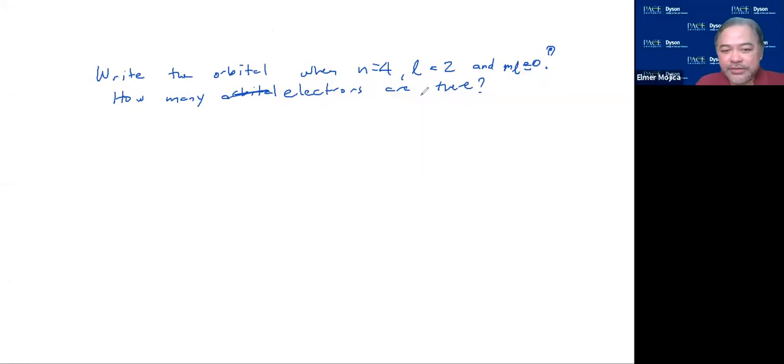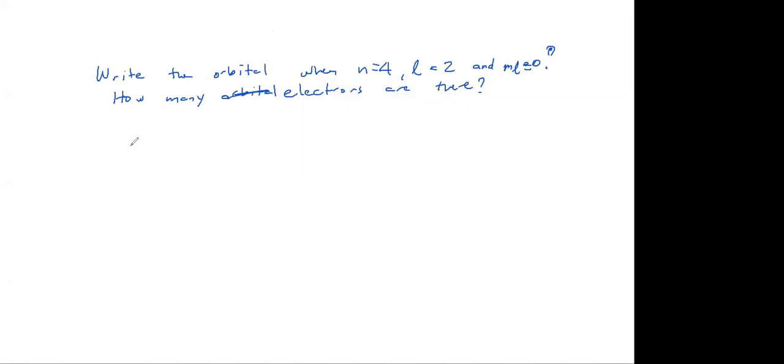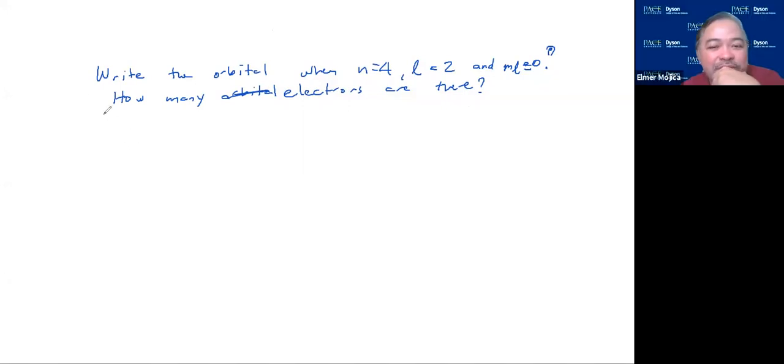No, you have to answer the question first. Write the orbital when n is equal to 4 and l is equal to 2. So what's the orbital that you have there? The question is to write the orbital. You are not asked how many orbitals. So ask yourself, are you being asked how many orbitals there are? No. So how are you going to write the orbital for this one?